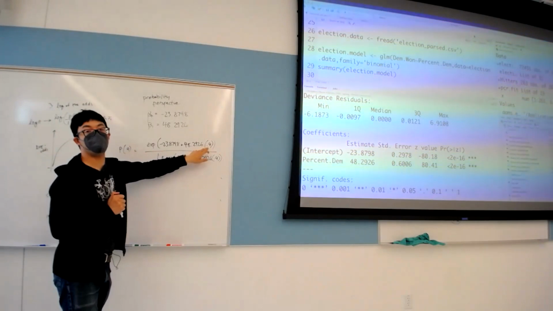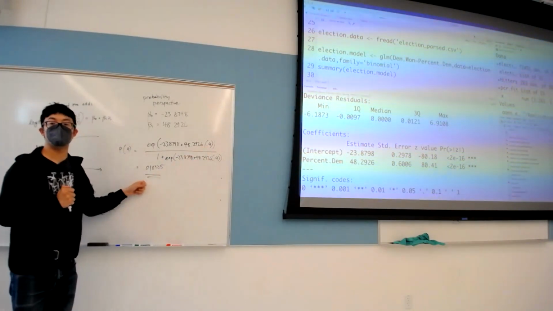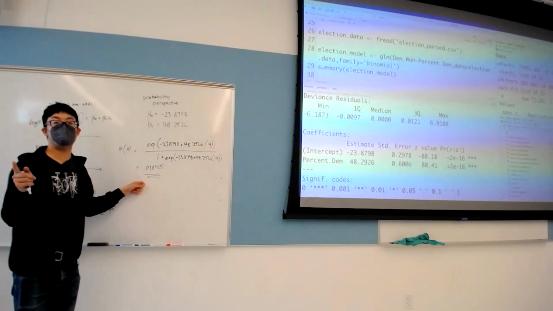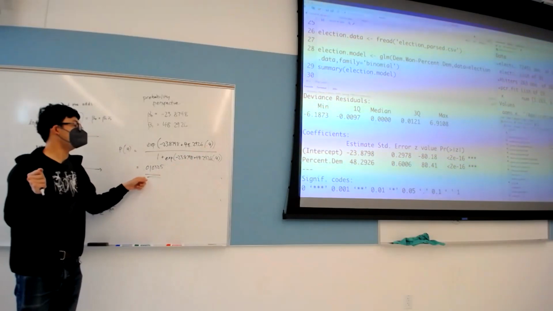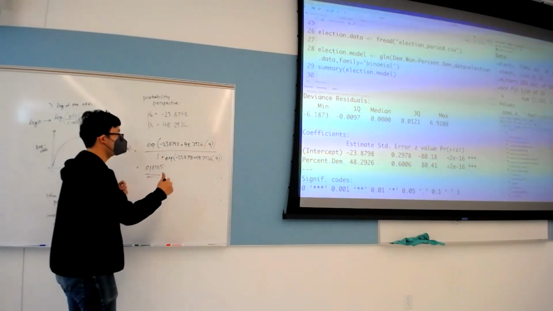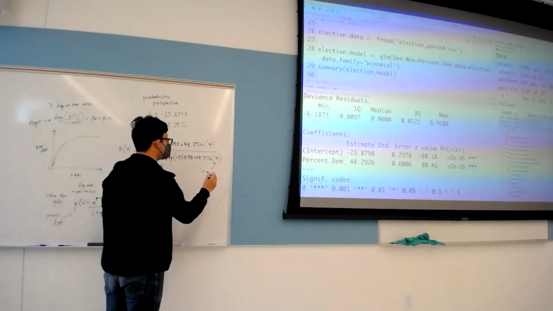So 40% Democrats, and you have a 1% chance of winning. So let me ask you, what do you think happens if I increase this by 0.1? So X goes to 0.5 here.